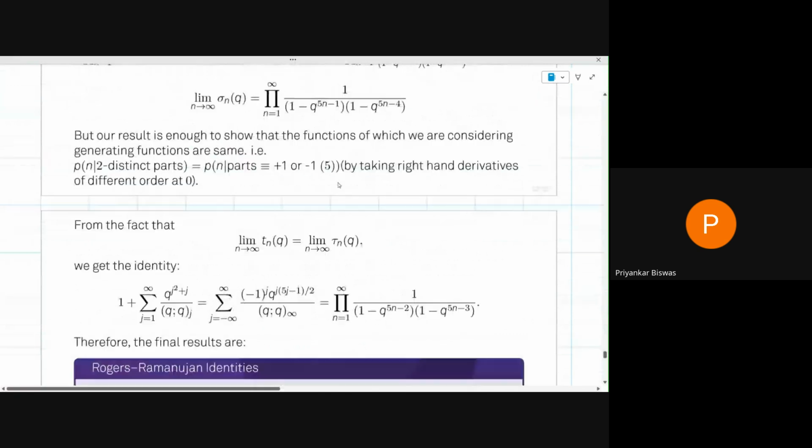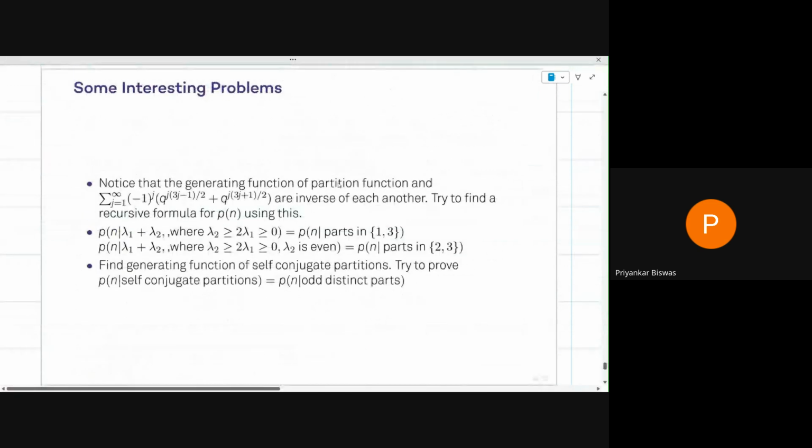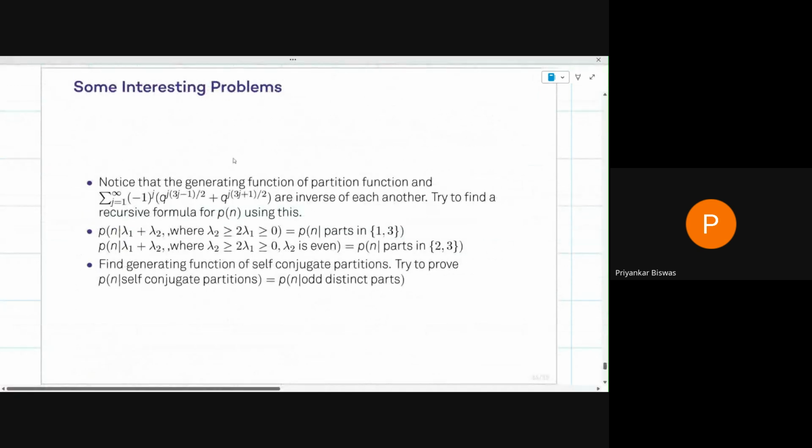Finally, I'll give some interesting problems. You can see that the generating function of the number of partitions of n into an even number of distinct parts minus the number of partitions of n into an odd number of distinct parts is the inverse of the generating function of the partition function.